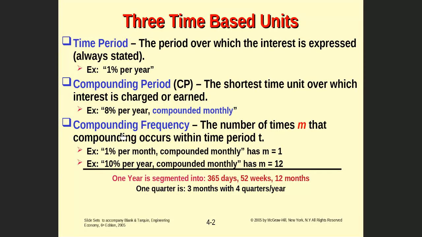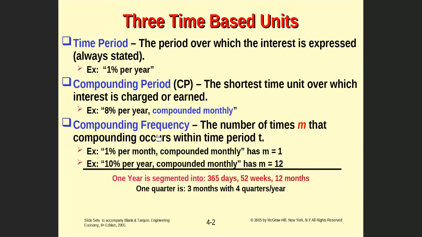The compounding frequency is basically the relation between the time period and the compounding period. It is the number of times, M, that compounding occurs within the time period. So how many times does the compounding period appear in the time period?